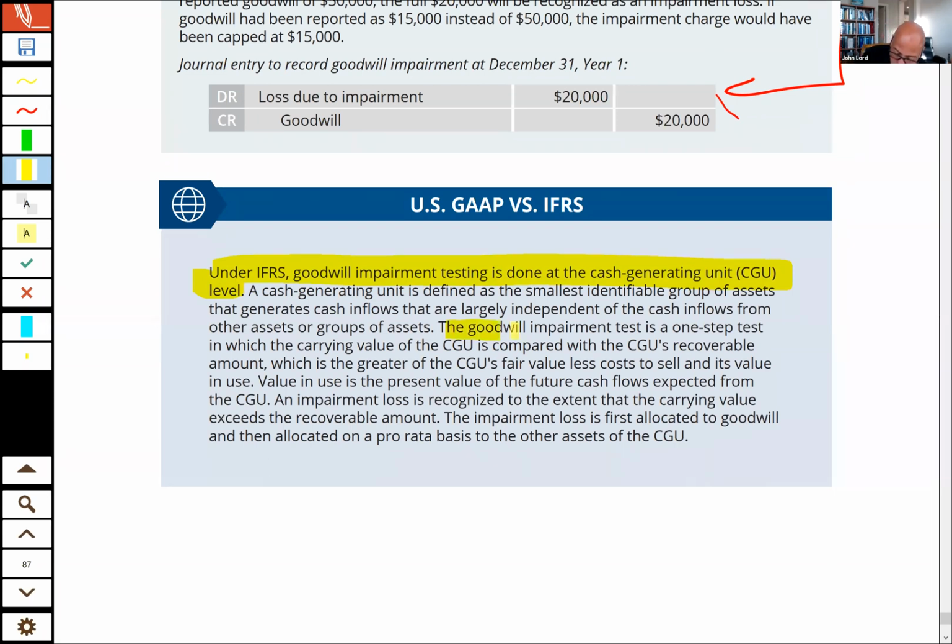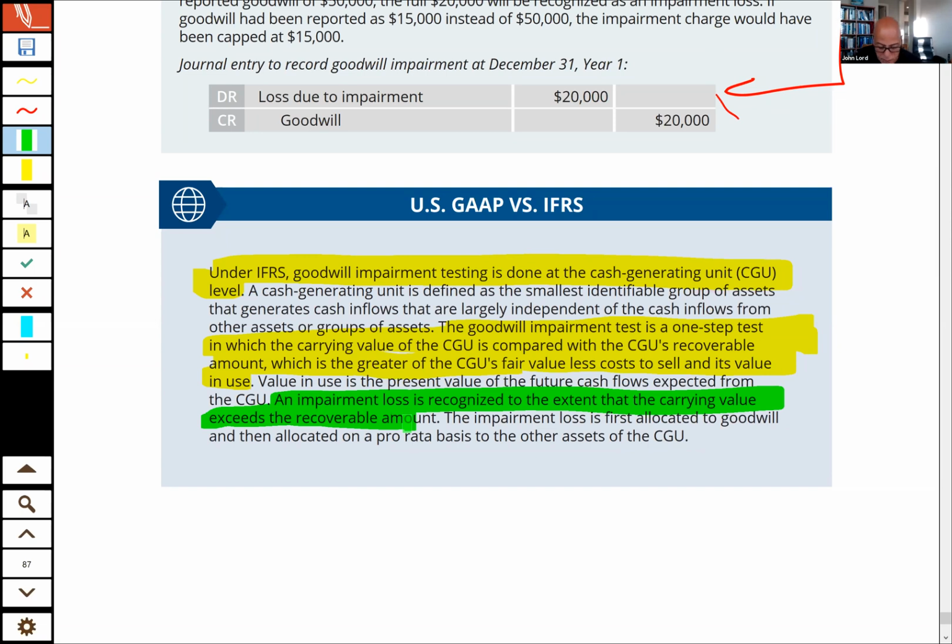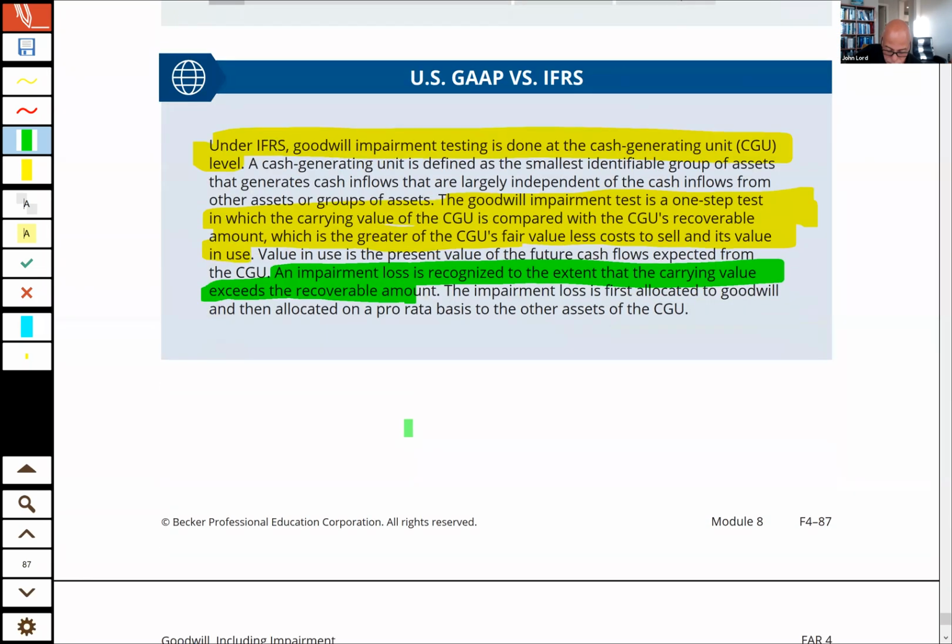So the goodwill is impaired if the carrying value of the cash generating unit is compared with the cash generating unit's recoverable amount, which is the greater of the CGU's fair value less cost to sell and its value in use, whichever of those is the greater. And then an impairment loss is recognized to the extent that the carrying value exceeds the recoverable amount.